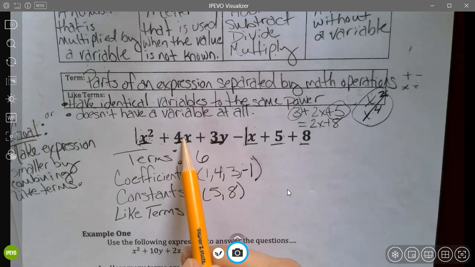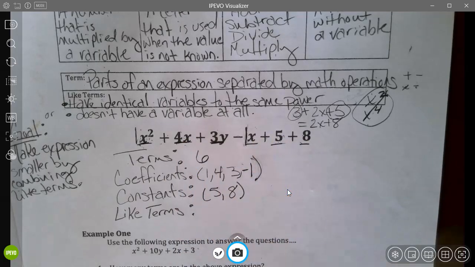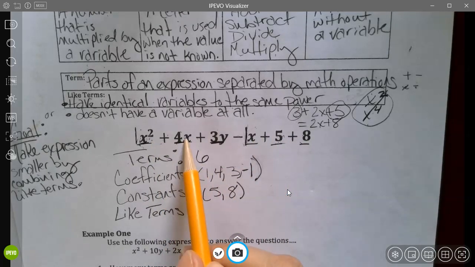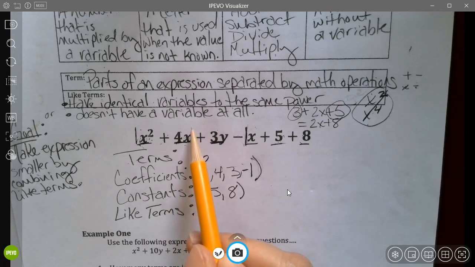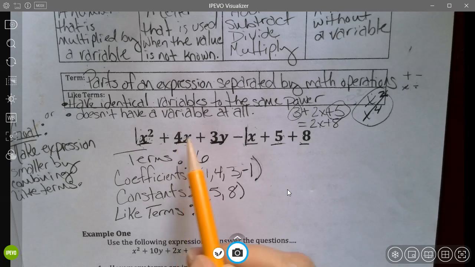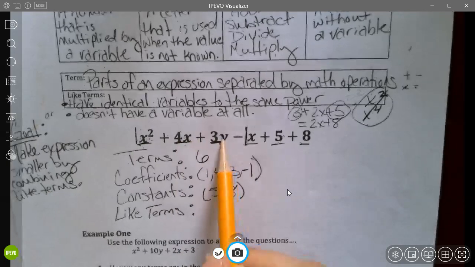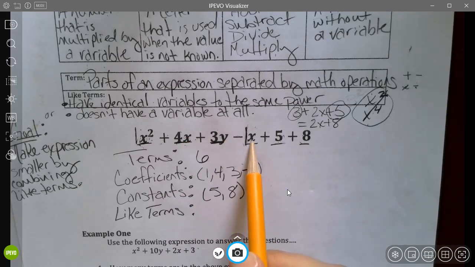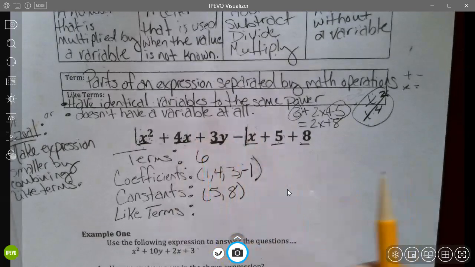So let's move to the next one. These don't have variables, so I'm not even looking at them. Next term has x to, if there's no power, it's to the first power. So I have a y. Nope. Different variables, not like terms. This has the same variable x and it's to the same power.